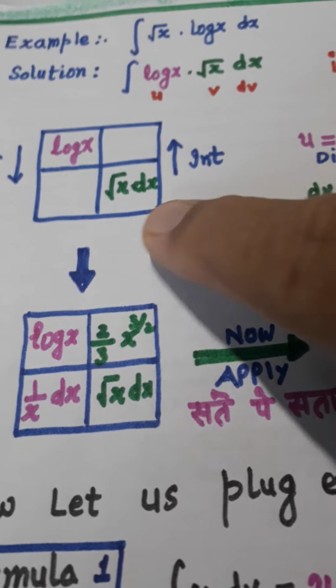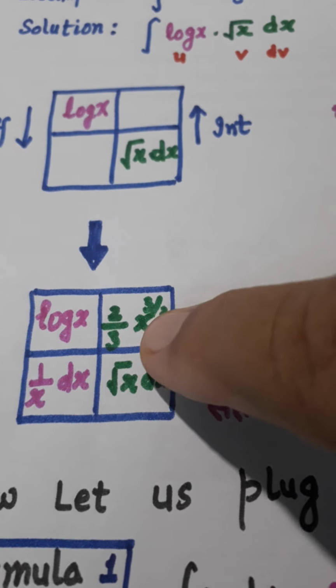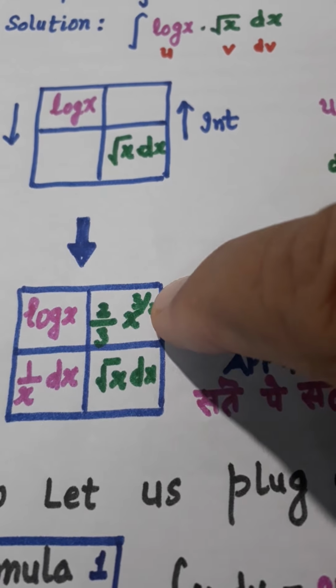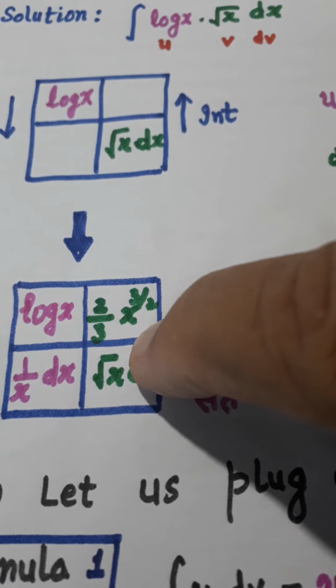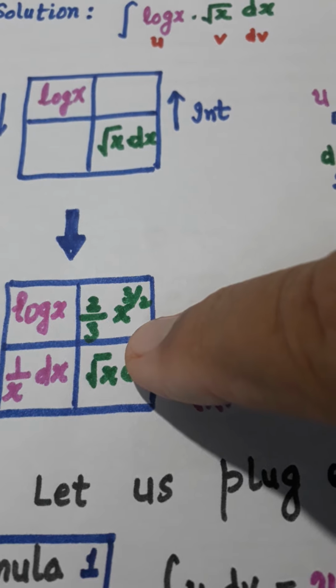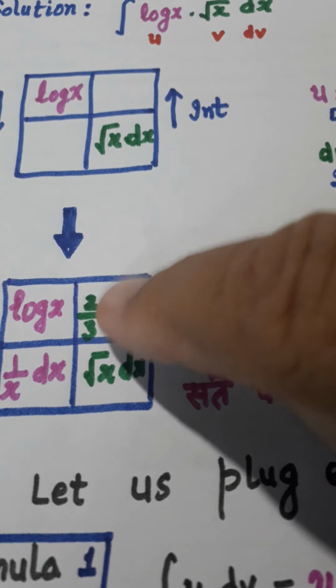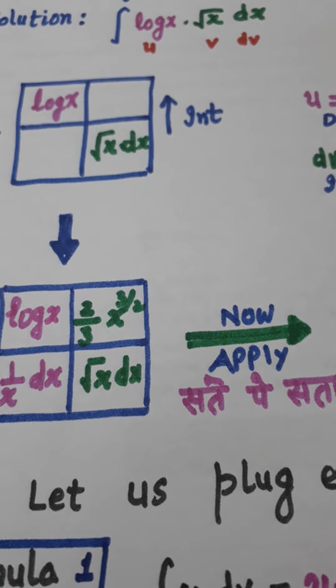So the power will be increased. It will become x raised to power 3 by 2, and in the denominator you will write 3 by 2, or 2 by 3 in the numerator. Now the box is complete.